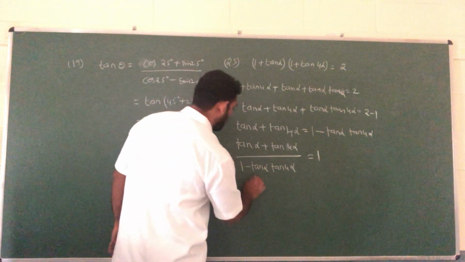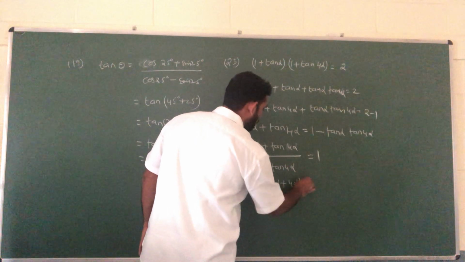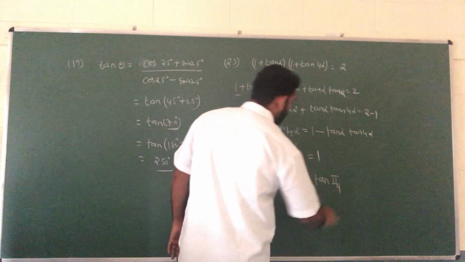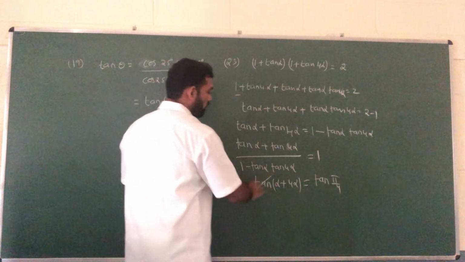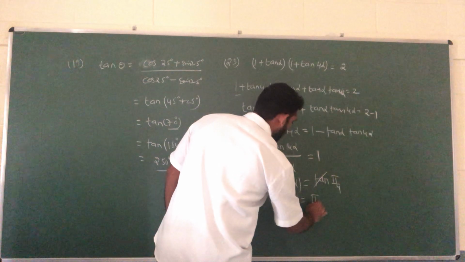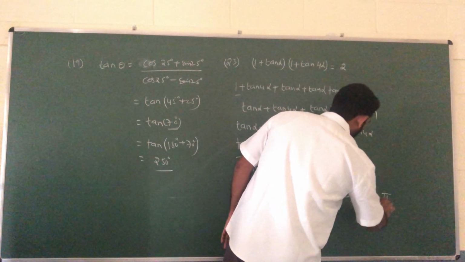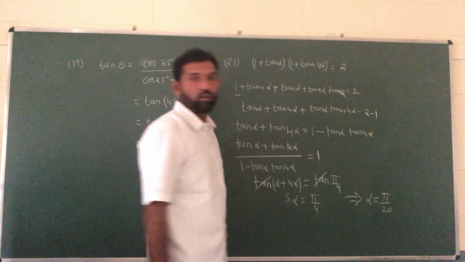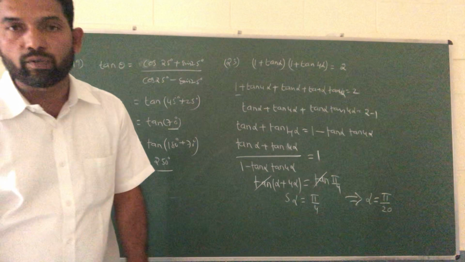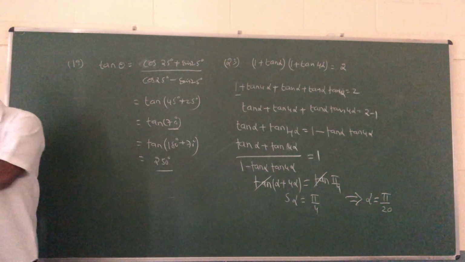So tan of alpha plus 4 alpha is equal to 1, which can be written as tan 5 by 4. Both sides tan will be cancelled. So 5 alpha equals 5 by 4. Alpha is equal to 5 by 20, that is your answer. Note it down fast.